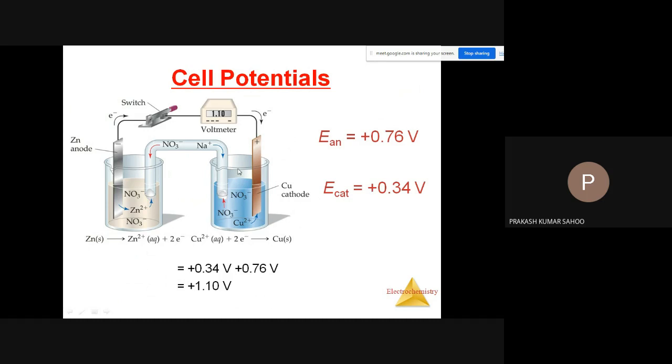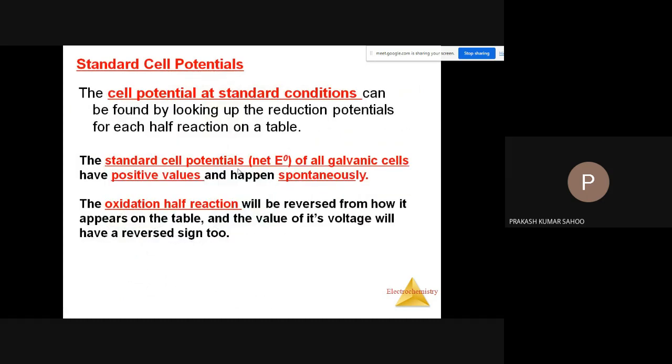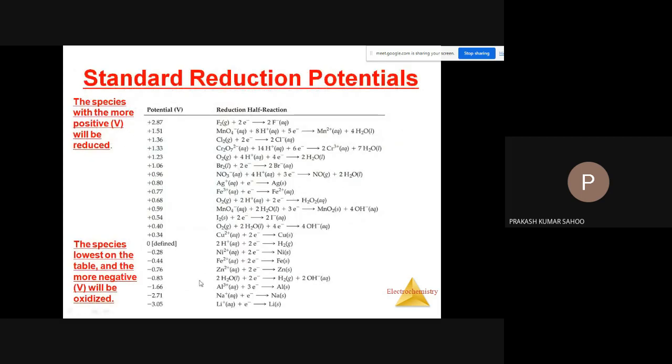So from this table, just see, copper has the potential of 0.34 volt here, and zinc has the potential of minus 0.76. So from these two values, we conclude that between plus 0.34 and minus 0.76, plus 0.34 is a larger value than minus 0.76.